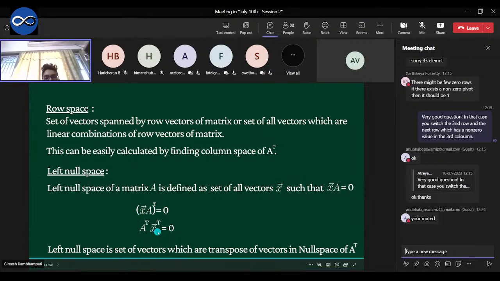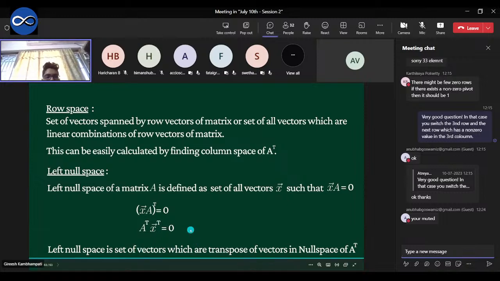As x bar transpose is present in the null space of A transpose, we can first find the null space of A transpose. So we will get all the vectors x bar transpose, which when multiplied by A transpose are equal to 0. Now we will transpose this x bar transpose again.